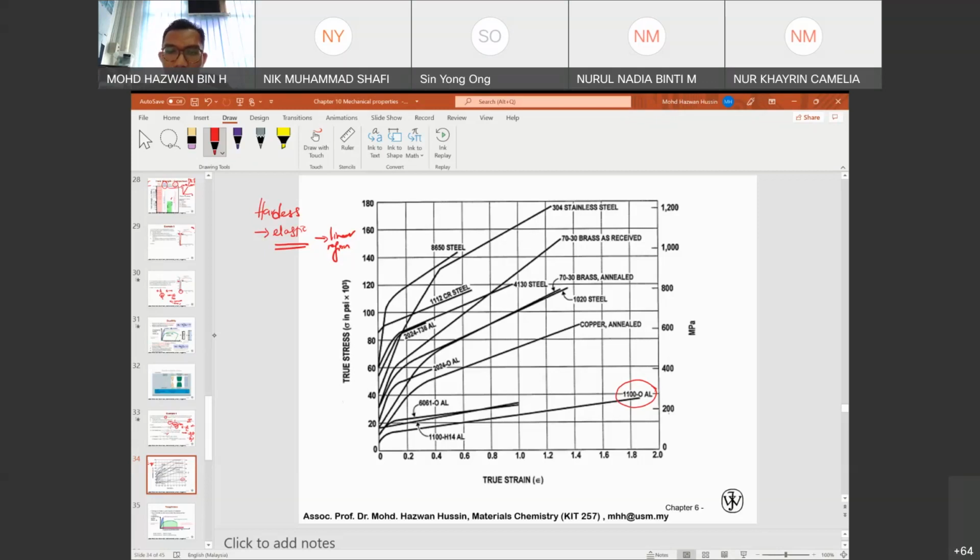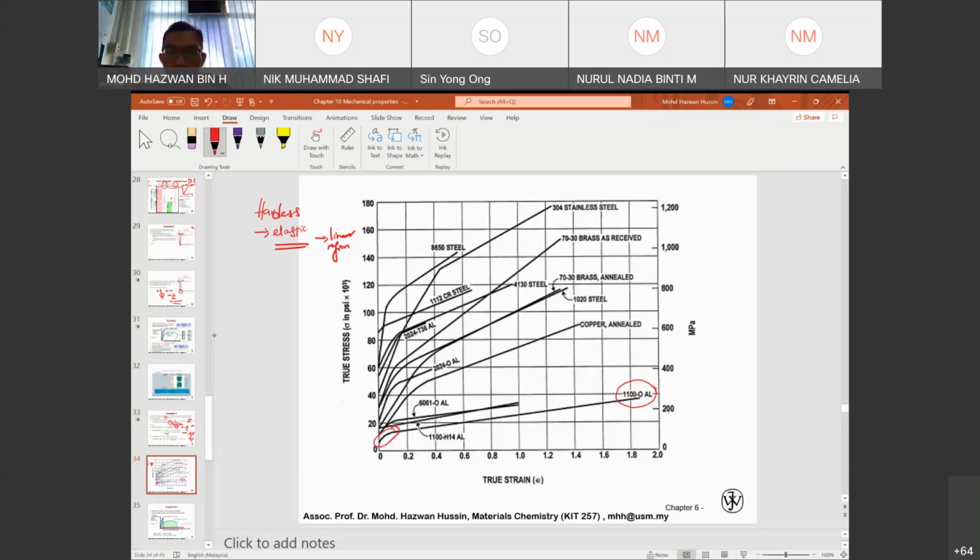1,100 aluminium. Okay. Basically, if we look through this sample from zero, from origin, it starts to go up, and after that it goes bending. So if you notice, this is a bending, and then after that it goes gradually up again.